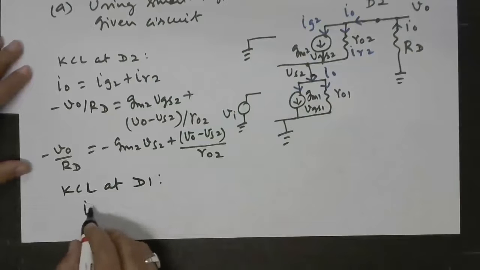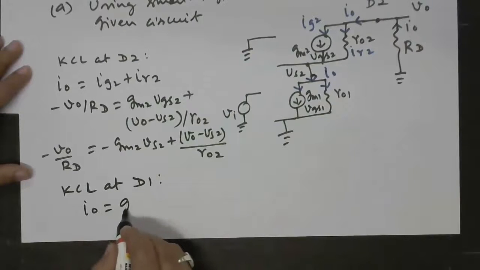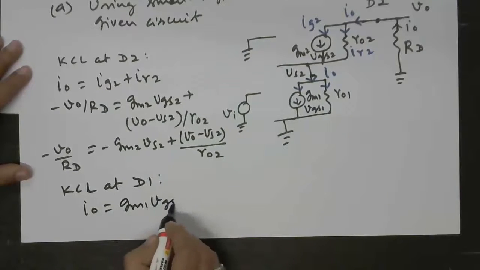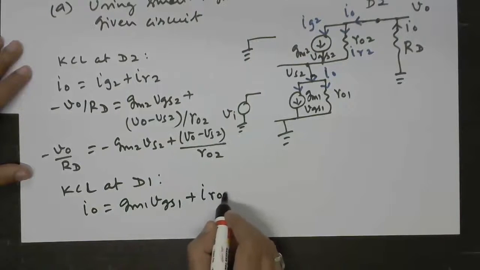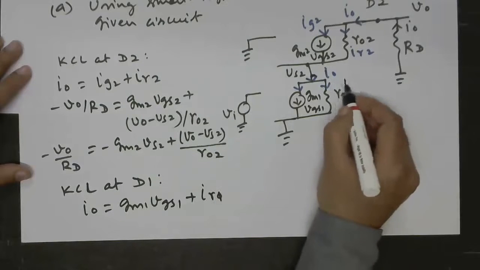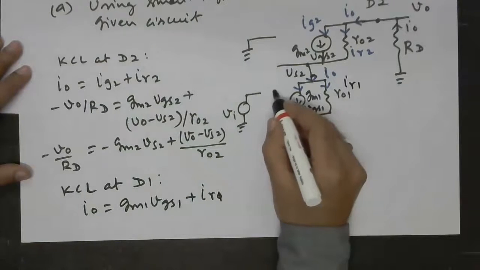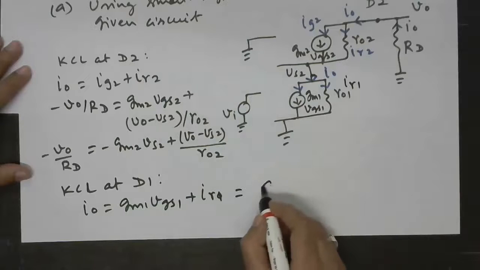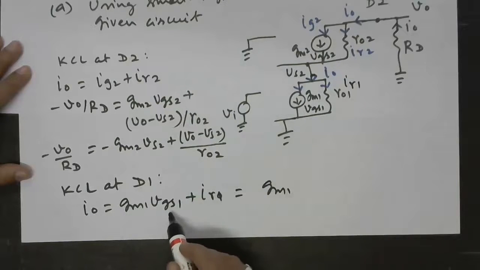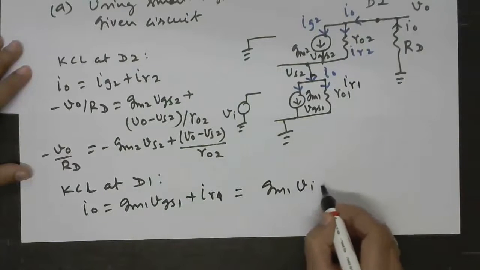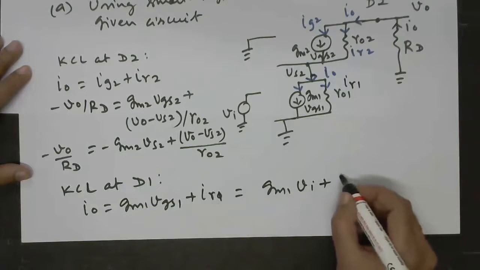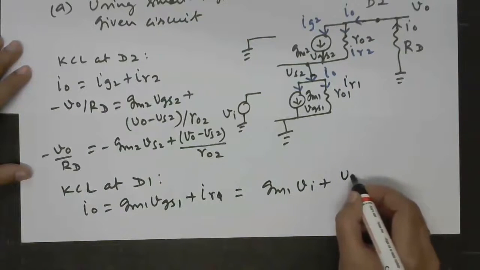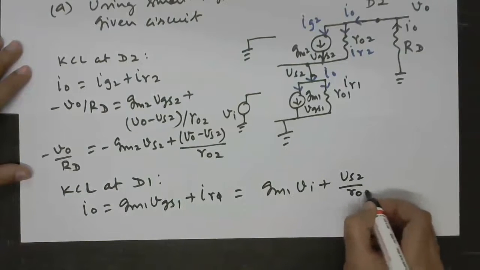So here we have I0 equal to GM1 VGS1 plus IR1, which is this current, and VGS1 is Vi, and this is VS2 divided by RO1.